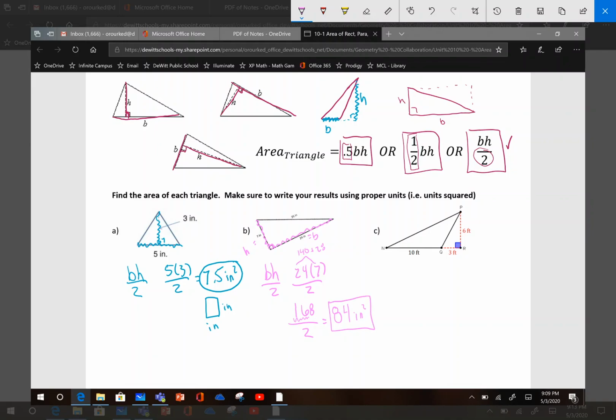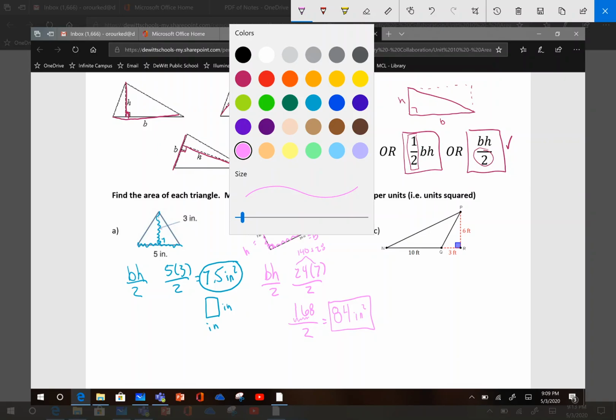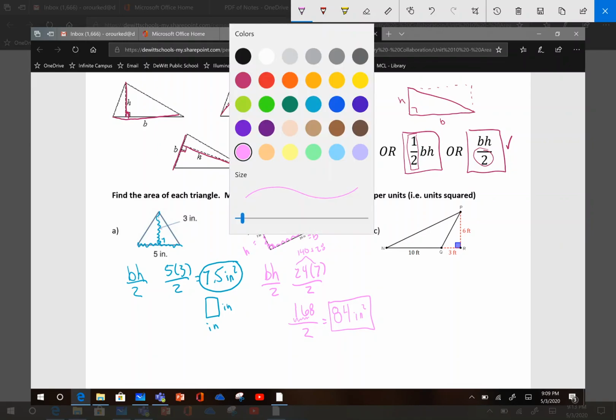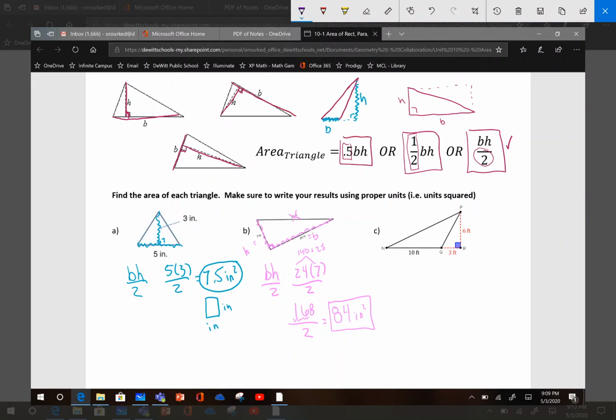And lastly, going to the triangle where we have the base and the height on the outside. Oh, take note too on this last triangle, that value was completely irrelevant. It wasn't a base, wasn't a height, not needed to find the area of the triangle. So in the last triangle, we find the 90-degree angle right here. The two measures that meet there, this would be the height, because it's measuring perpendicular to this side, which would be the base.